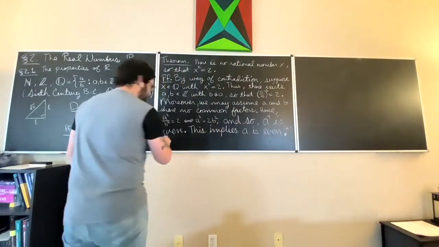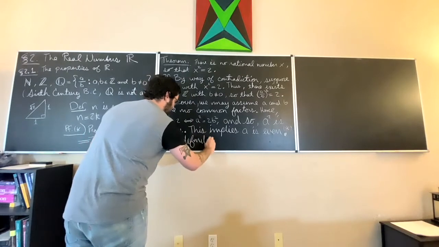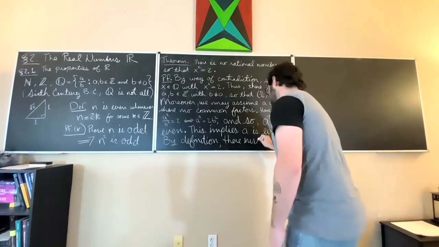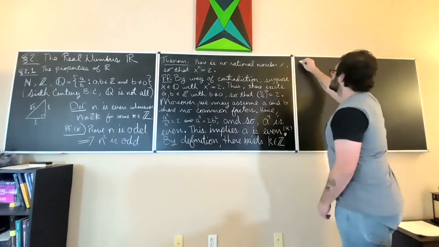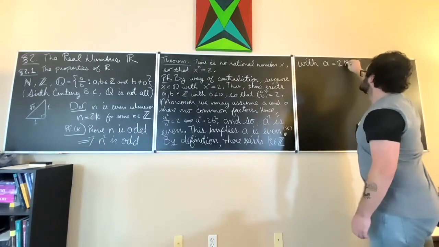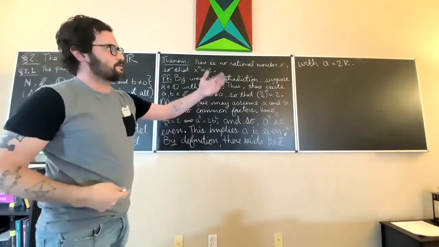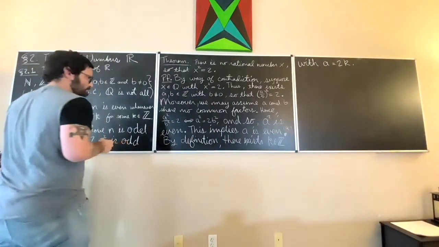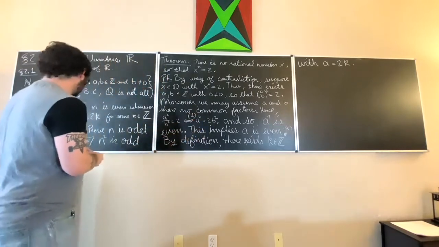Okay. So by definition, there exists some integer k with a equal to 2k. Right? So if a is even, then there is some integer k, so then a is equal to 2 times k. And right here, I'll call this equation 1.